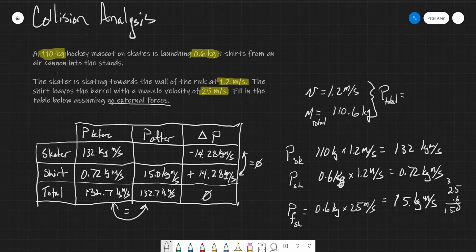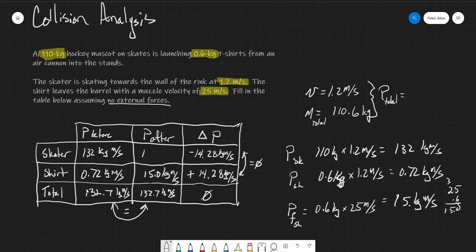And so if we have a decrease in this much momentum, that means this value is going to be 132 minus the 14 that it lost, which will wind up being 116.7, nope, because I can't do this in my head.